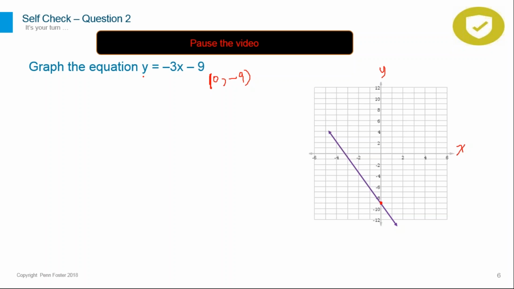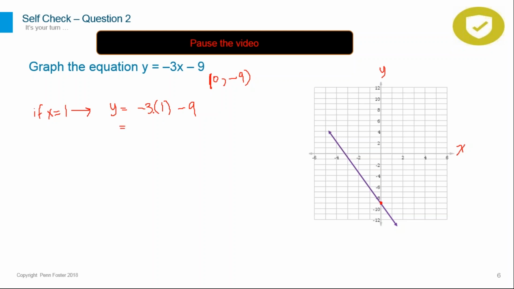So let's say I'm going to pick 1 again. You can pick 3, -1. You can pick any value of x that you wish to work with. So x equals 1. Then what happens? y equals -3 times 1 minus 9, according to that equation.